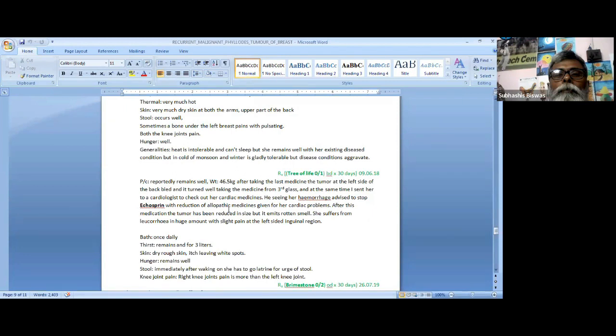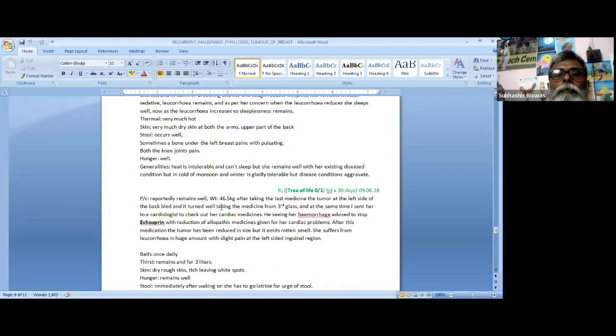Now, see, weight 45.5 kg to 46.5 kg after taking the last medicine, the tumor at the left side of the back bled, and it turned well taking the medicine from third class, and at the same time I sent her to a cardiologist. Here, the main problem appeared: she was taking some considerable cardiac medicines, among which there was Ecosprin, and she started bleeding, but the weight was 46.5 kilos.